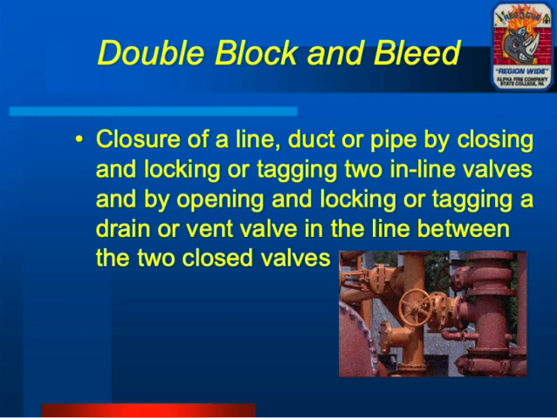So with both valves closed and the center one open, if for some reason either the top valve or the bottom valve leaks through, that residual pressure is going to be relieved through the open valve in the center.